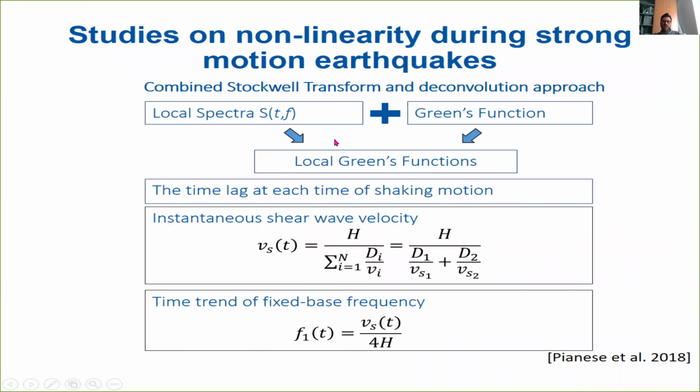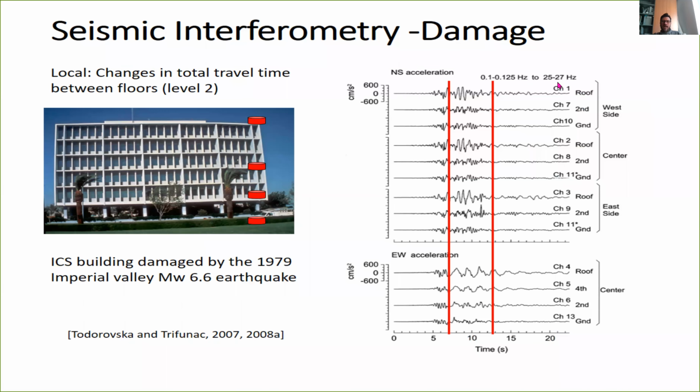So it means, if I go back a little bit, I take different windows of the seismogram, and for each window, I calculate the deconvolution. In the small windows, when the shaking is still small, I expect that my upgoing and downgoing waves propagate always with the same velocity.